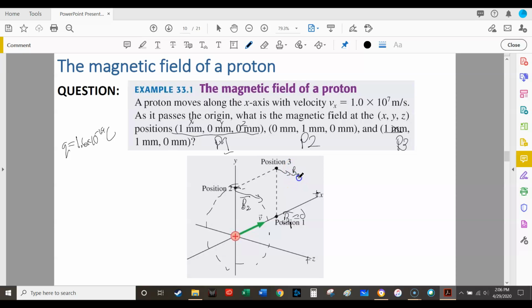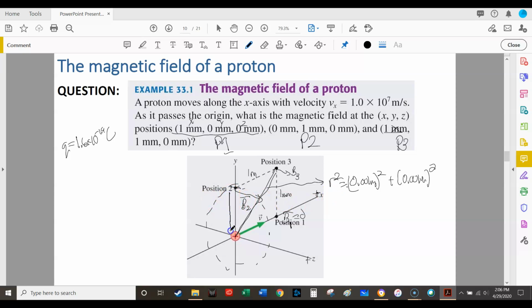But since it's so far away, it's this distance away, which is 1 millimeter up and 1 millimeter to the right. So that distance there is going to be a distance r. I'm going to just say r squared is equal to 1 millimeter, which is 0.001 meters, that you're going to square, plus 0.001 meters that you're going to square.